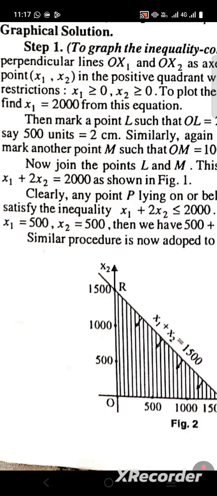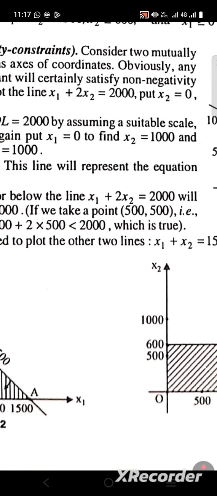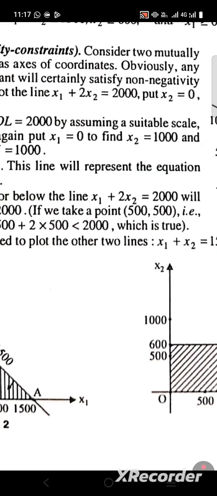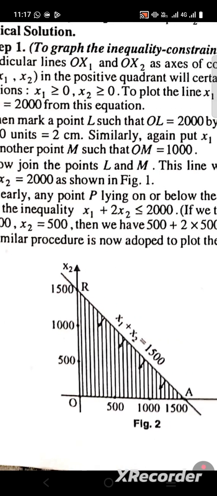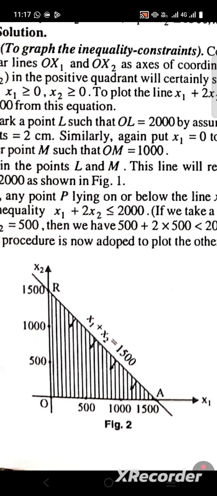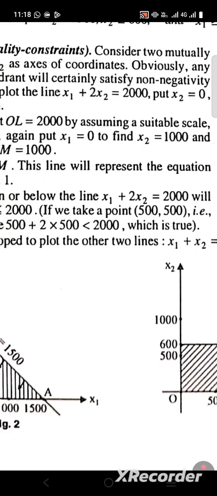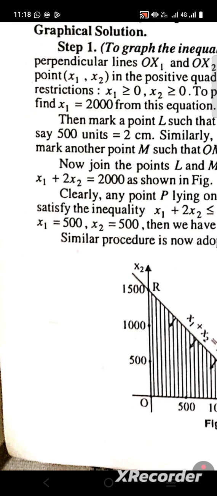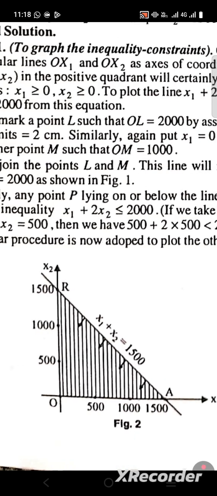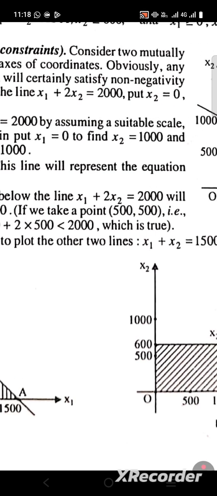Clearly any point P lying on or below the line x1 plus 2x2 equal to 2000 will satisfy the inequality x1 plus 2x2 less than or equal to 2000. If we take the point x1 equal to 500 and x2 equal to 500, then 500 plus 2 into 500 is less than 2000, which is true.